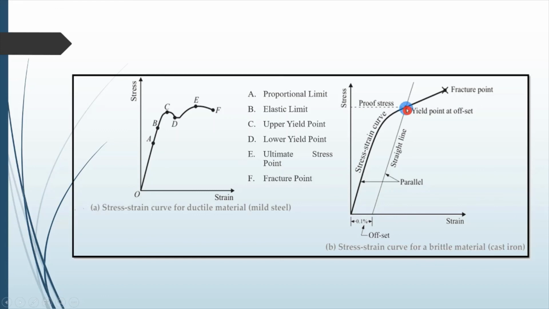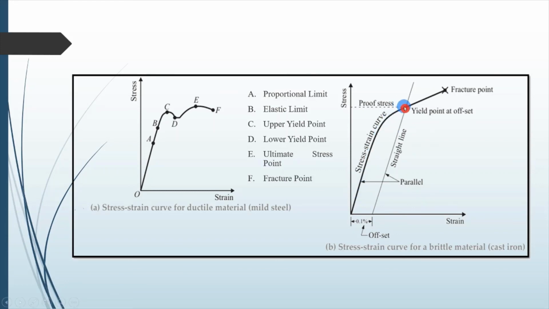This value is taken as the yield point stress, or it is also called proof stress. This value will be useful for designing components from brittle material, and we will directly see the fracture point without any necking, as there will not be necking formation in the case of brittle material.